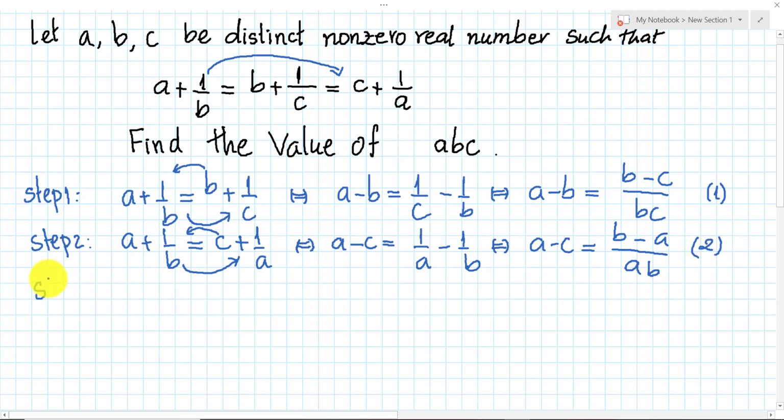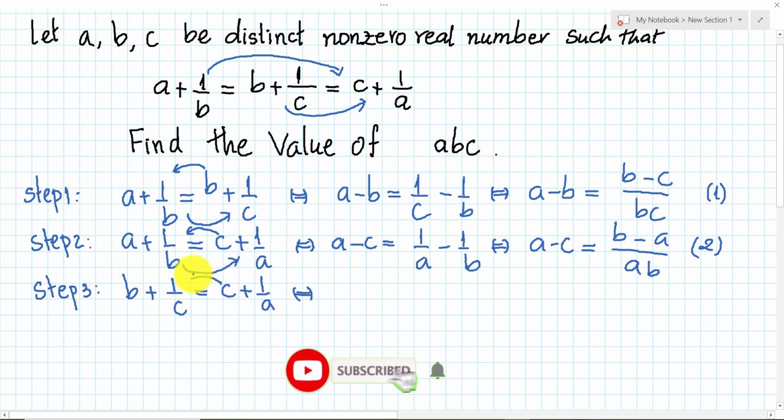Step 3. Step 3, I use this part with this part: B plus 1 over C equals C plus 1 over A. And then I move C to the left side and 1 over C to the right side.